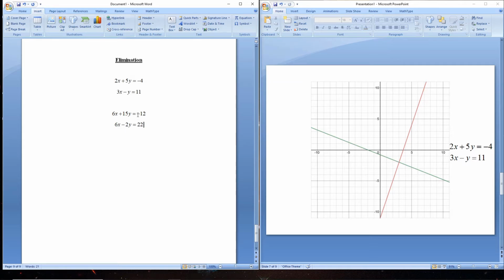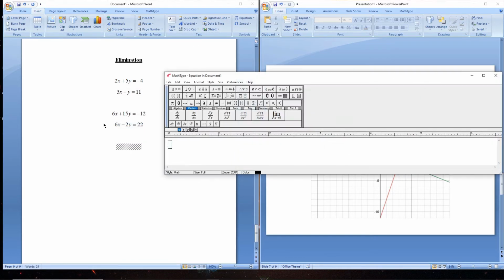And now that we have these two equations, we can subtract them, and one of the variables will now subtract out. So if we subtract, we'd have 6 minus 6, which is 0. And here we'd have 15 minus a negative, so that'll be adding, so we'll get a 17y there.